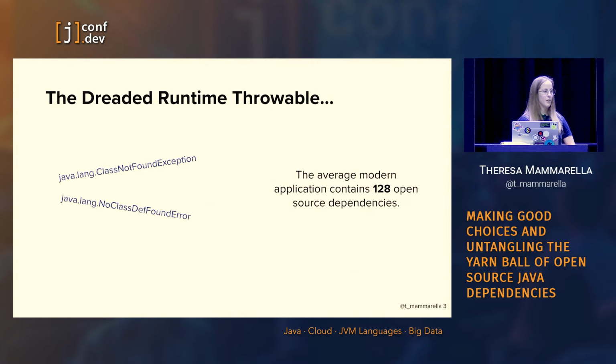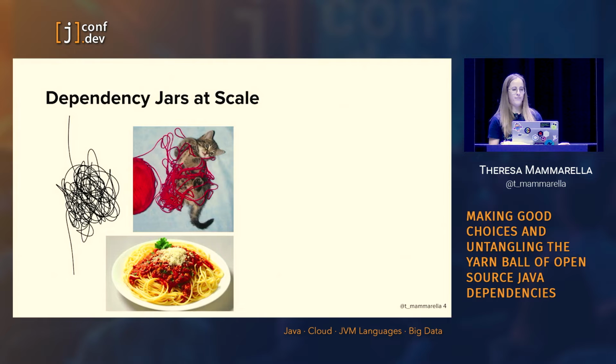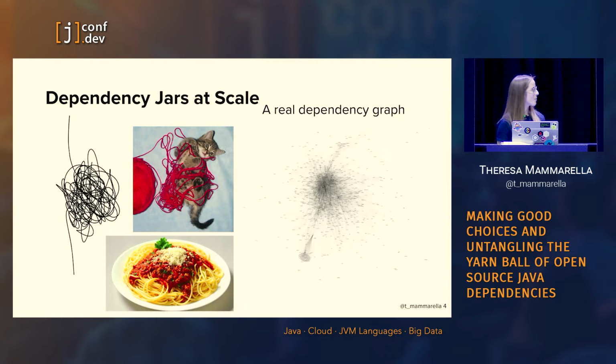And it becomes even harder when considering the fact that the average application contains 128 open source dependencies. Our applications start to look a little bit like a tangled ball of yarn or a plate of spaghetti, and this isn't really that far from the truth.